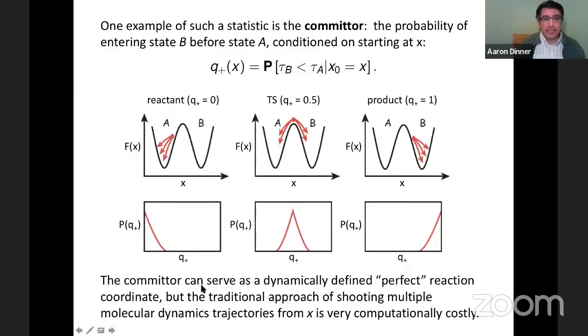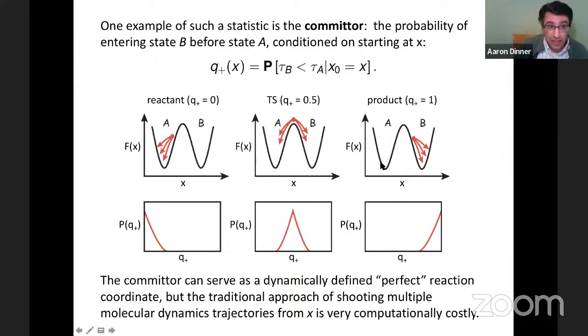So to make this a little bit more concrete, one very important statistic that we will want is the committer. Ron Elber introduced this statistic yesterday. It's the probability that I go to the product state before returning to the reactant state. So a committer close to 0 would be part of the reactant state.